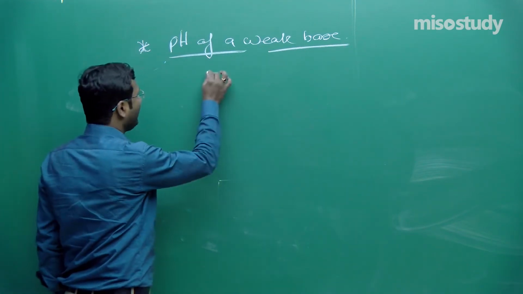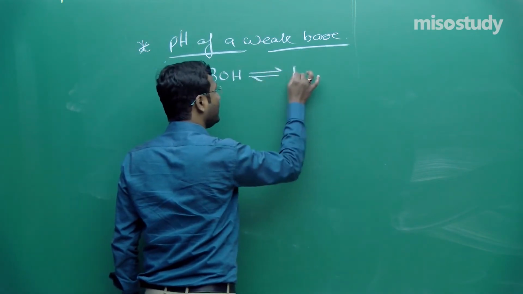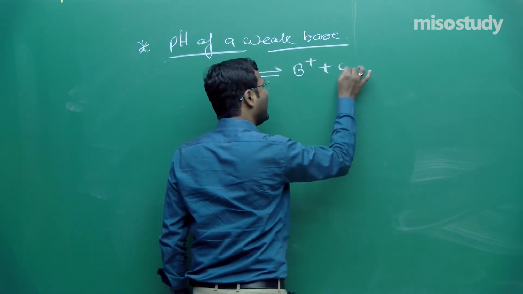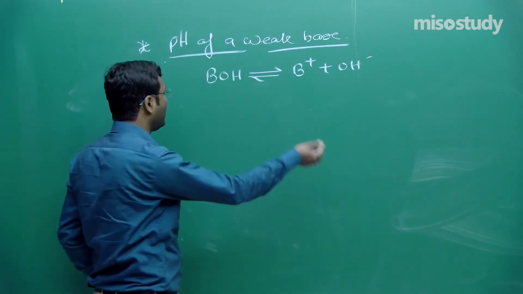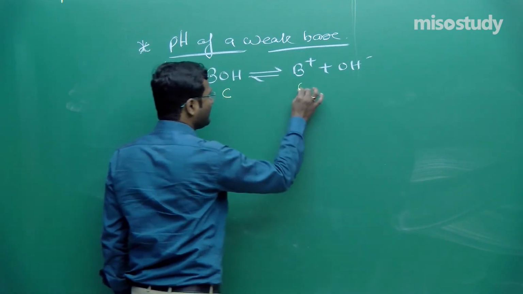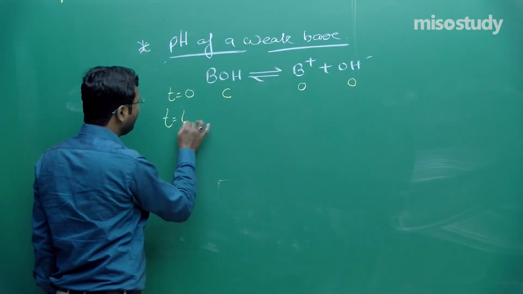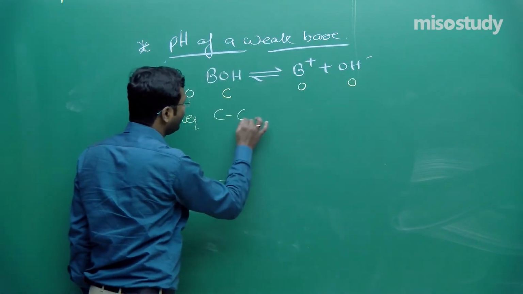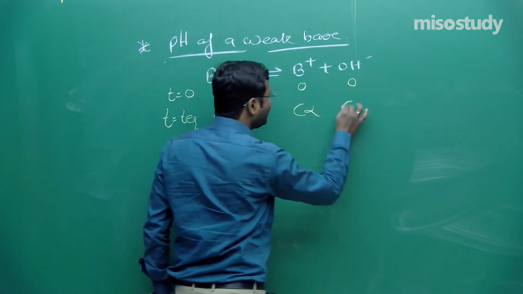As we know, if I take a base BOH, after dissociation it will give B plus and OH minus ion. It's very simple. Now at time t is equal to 0 the concentration is C, and at equilibrium it will be C minus C alpha, then C alpha, then C alpha.